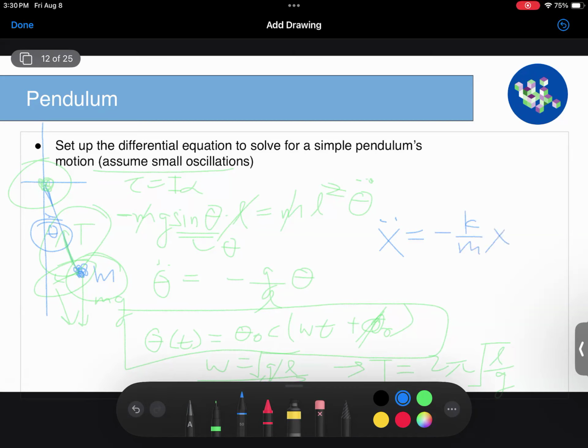Here we have theta double dot equals negative g over L times theta. So it's a very similar differential equation. This also counts as a simple harmonic oscillation because we can write our solution for theta as a cosine or a sine; either works, they're in the same family of solutions. Any questions about that?